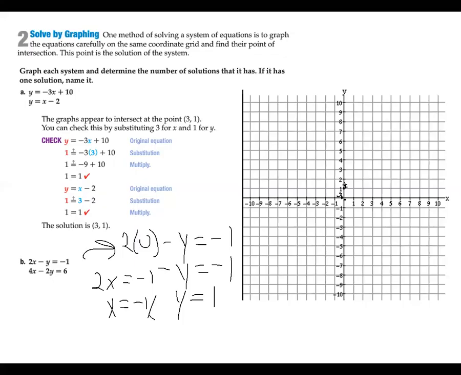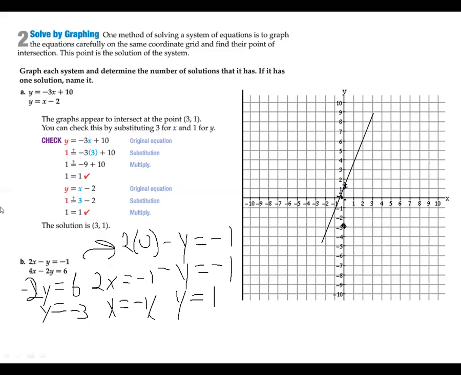So again, it's going to be kind of difficult to draw this accurately using my iPad, but do the best we can. So for this one, 4x minus 2y equals 6. To get the y-intercept, plug in 0 for x, solve for y. You would get negative 2y equals 6, y equals negative 3. So down here.